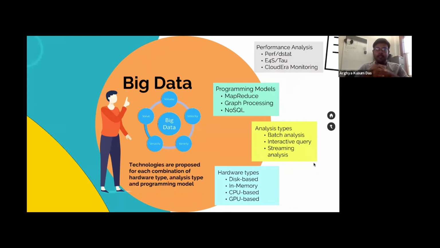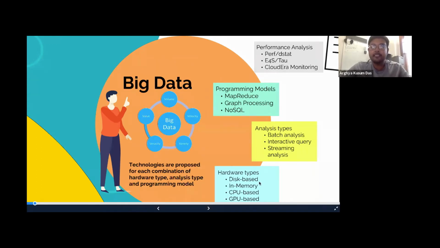If we look at the domain of big data analytics, we can broadly classify it into three major domains. The first one is programming models like MapReduce, graph processing, NoSQL. Then there are analysis types like batch analysis and stream analysis. And finally, we have different types of hardware, let's say disk-based and in-memory. If you take any of these combinations, there is a new technology being proposed every day.